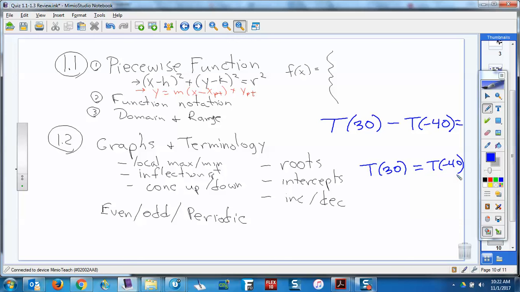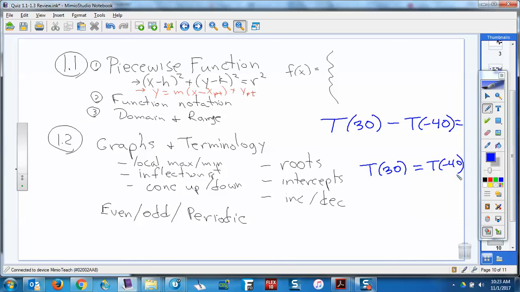And that was because they're how far apart? They're 70 apart, which is 10 periods. So we don't know what their outputs are, we don't know what their y values are, but we know they have to be equal. So what would t of 30 minus t of negative 40 be?